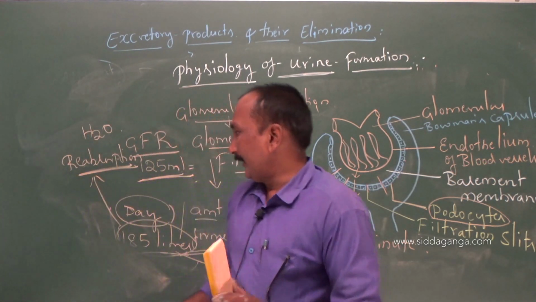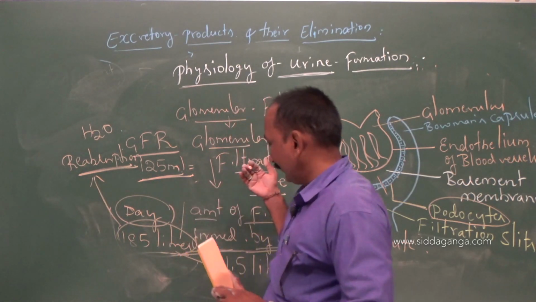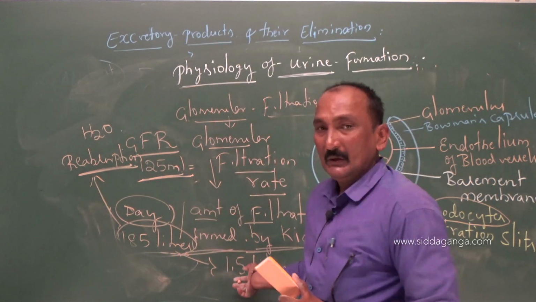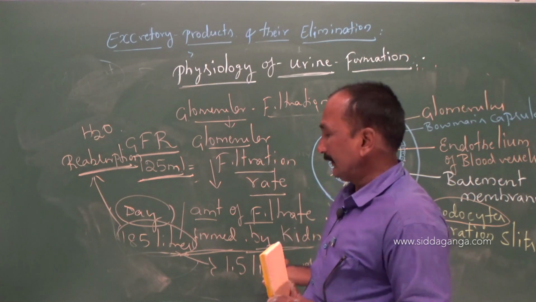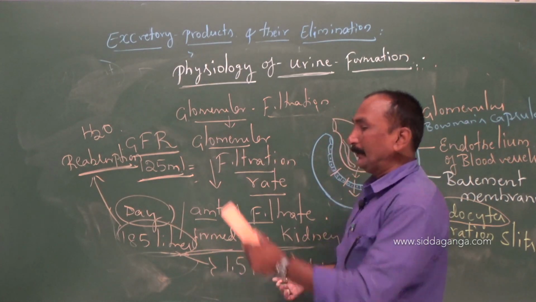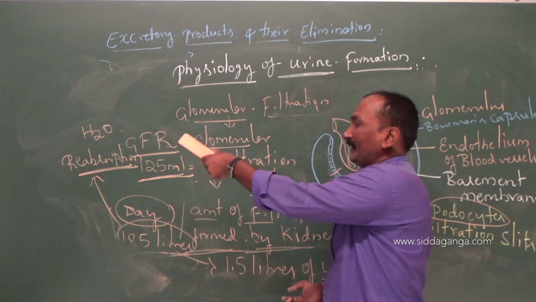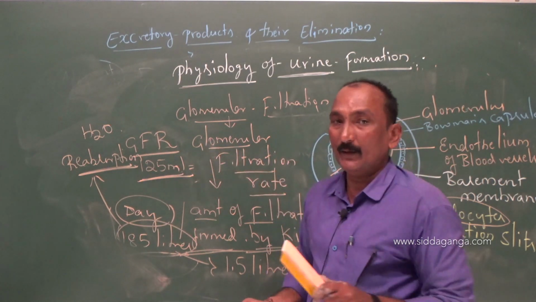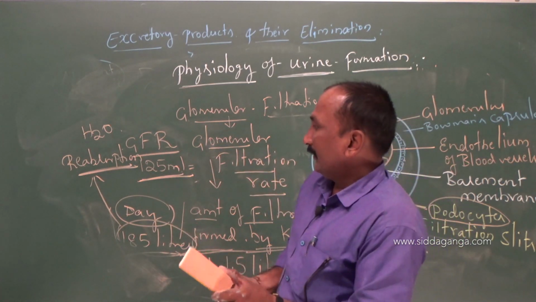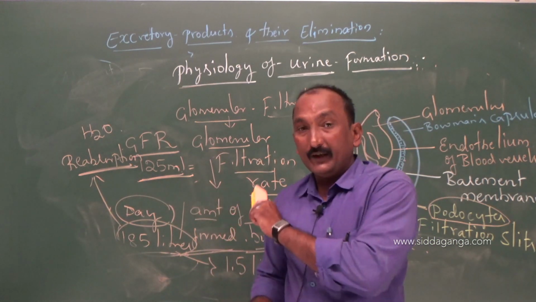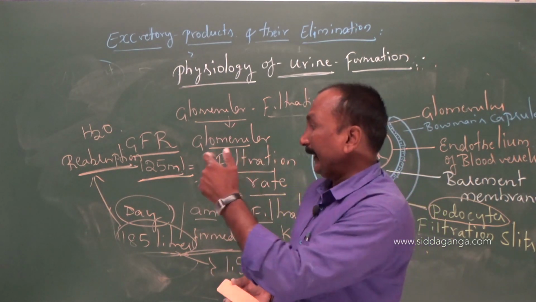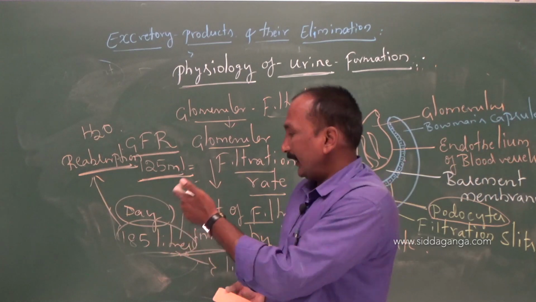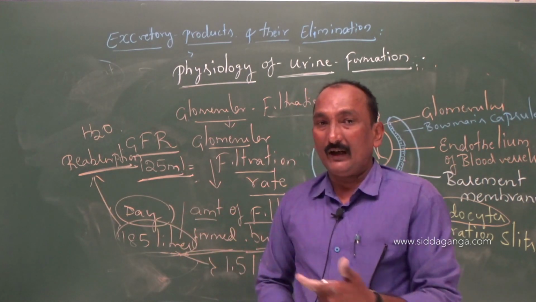The conversion of 185 liters of filtrate into 1.5 liters of concentrated urine is mainly due to the process of reabsorption. About 99.5% of the water will be reabsorbed by the various tubules of the nephron.